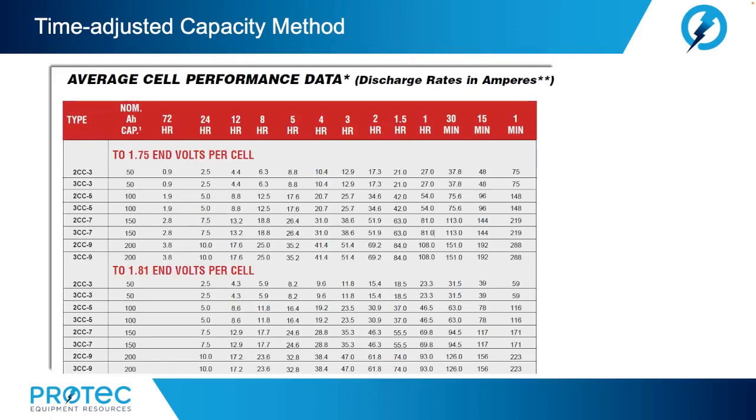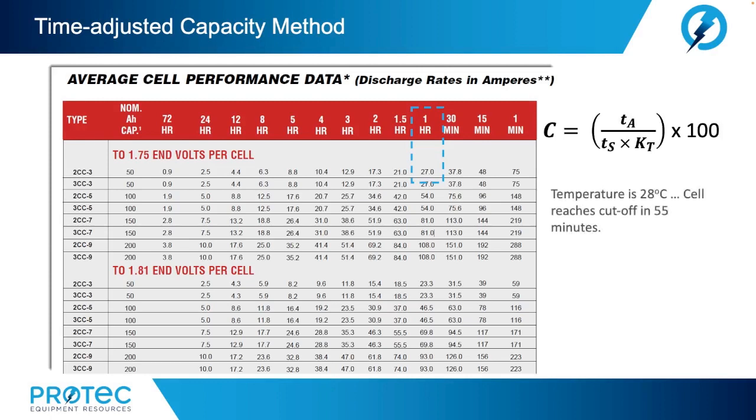So, let's say that we have tested the 2cc-3 type batteries, and we used a 1 hour discharge rate on these. Here we have our formula for the time-adjusted capacity method.